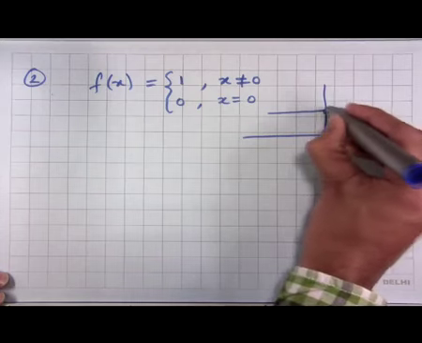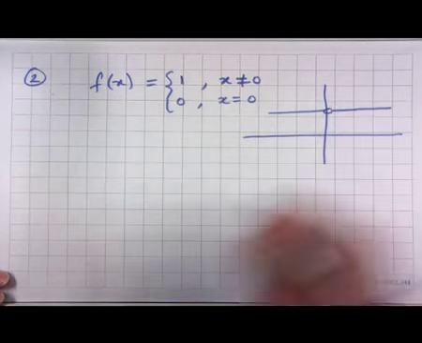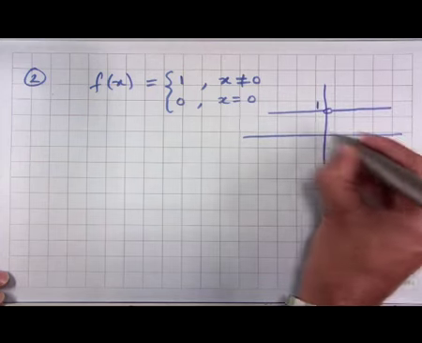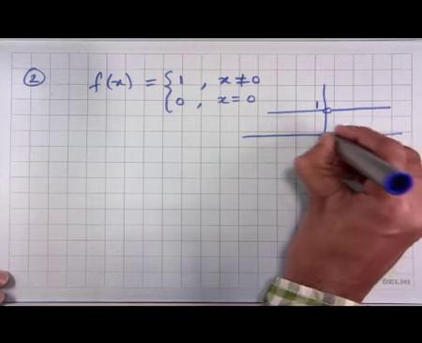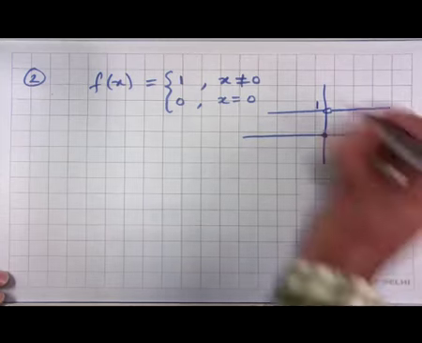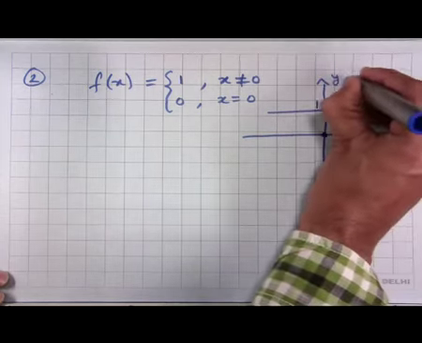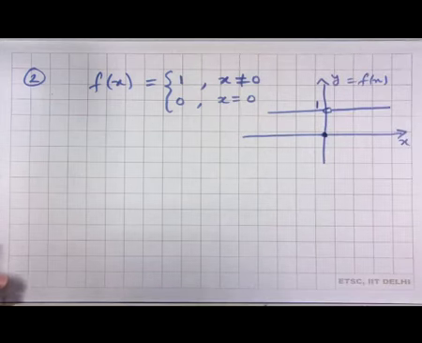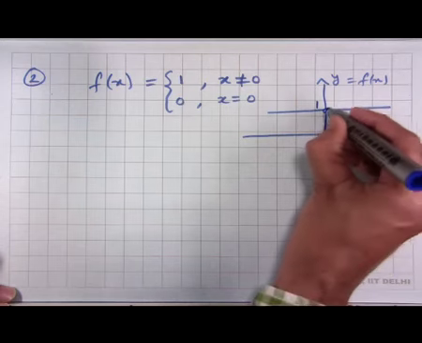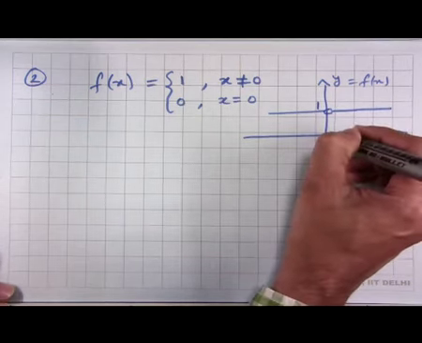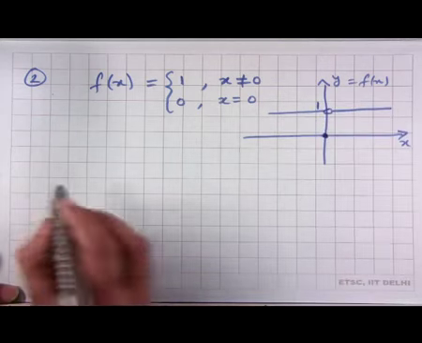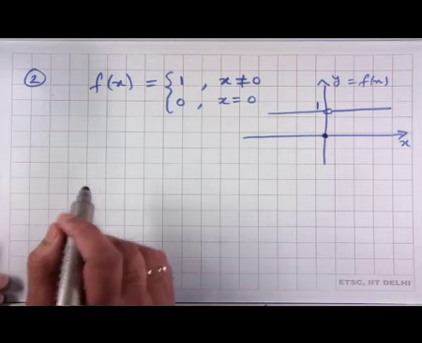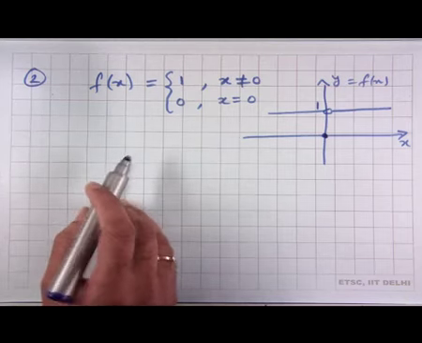So, we draw an open circle here and this is the value 1 and at x equal to 0 this is 0. So, this is the graph of the function f of x. In this case, again by using the intuitive meaning, you can see that this graph is broken at this point 0 comma 1. So, the function is not continuous at x equal to 0.